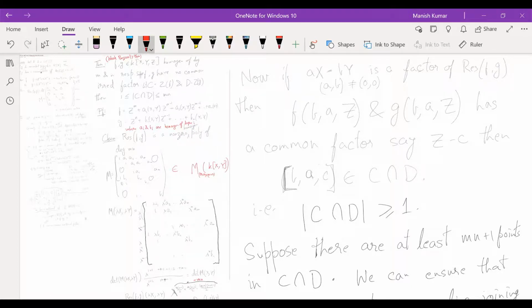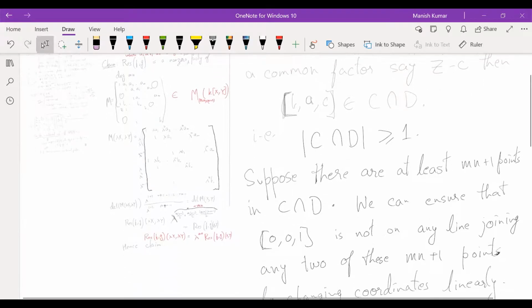So that tells you that there is a common factor, say z minus c, since we are over an algebraically closed field, the factor can be written as a product of linear factors. So it will have a linear factor, let's say z minus c. Then this triple (b, a, c) will belong to C intersection D. So that proves that the number of points in C intersection D is greater than or equal to 1. This is where we ended last time.